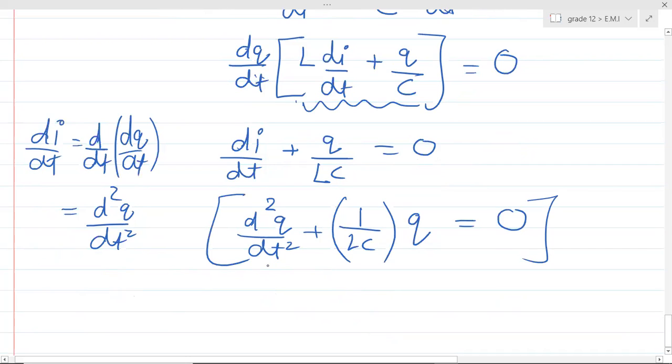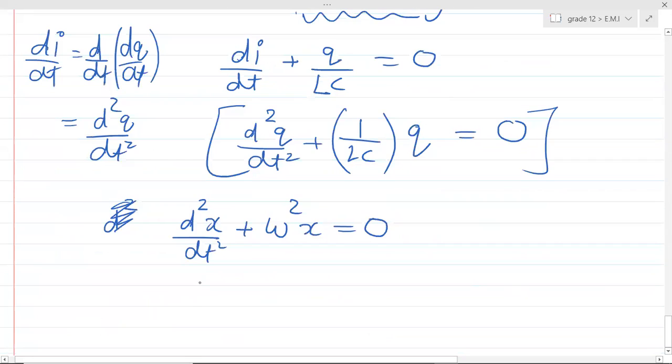If I can write it in this form, does anyone remember what was the differential equation of SHM? The differential equation of simple harmonic motion. It was d2x by dt square, basically acceleration, plus omega square into x equals to 0. And this was acceleration is equals to minus omega square x.